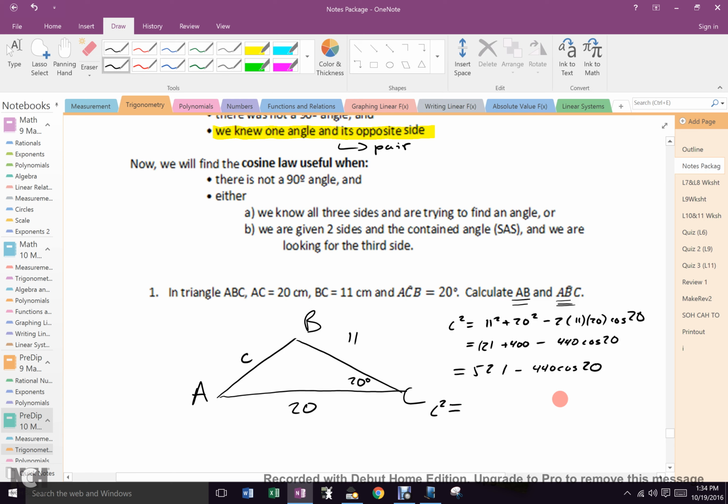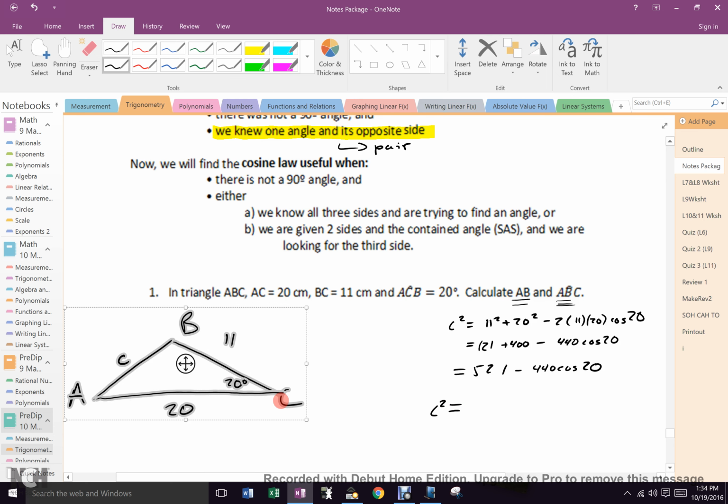I should have done that in a different color. I'm sorry, guys. I'll move this triangle over so it's not in the way. Somebody give me a number. 107.5. That is right.